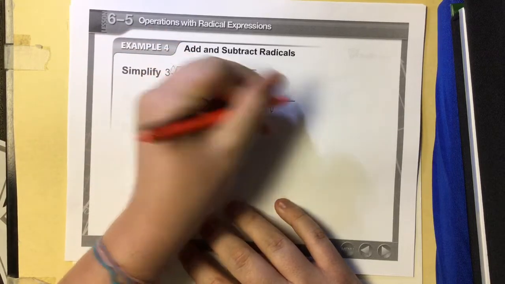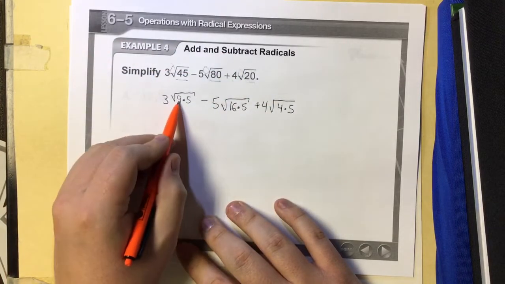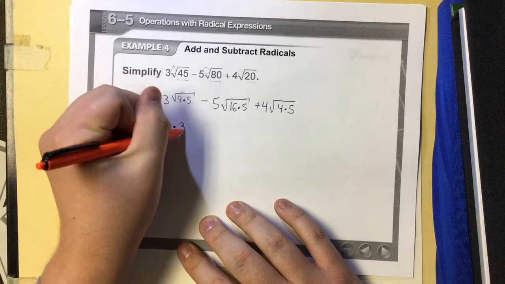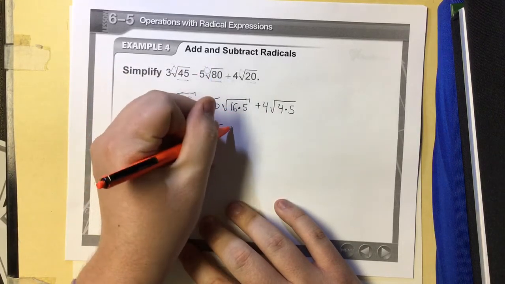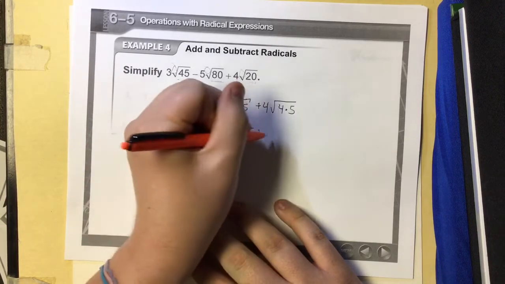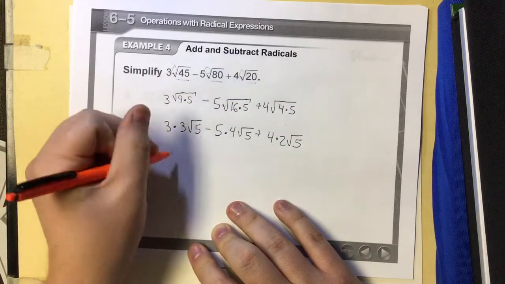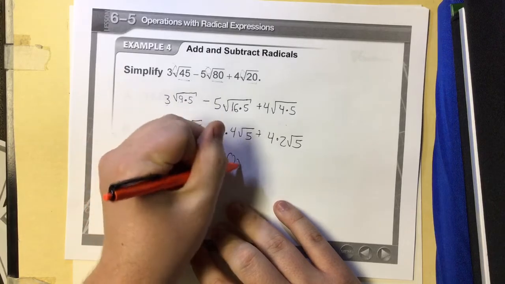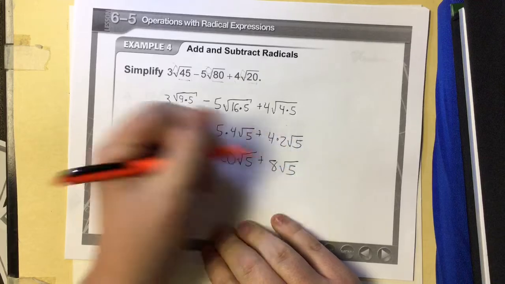Plus 4 times the square root of 20, which can be broken apart to 4 times 5. The square root of 9 is 3. So we have 3 times 3 radical 5 minus 5 times the square root of 16, which is 4 radical 5, plus 4 times the square root of 4, which is 2 radical 5. 3 times 3 is 9 radical 5 minus 5 times 4 is 20 radical 5 plus 4 times 2 is 8 radical 5.